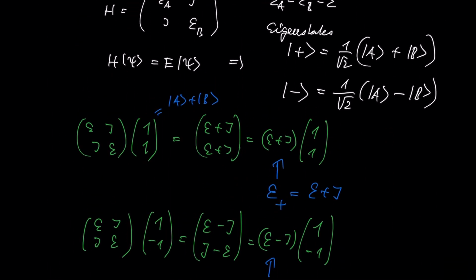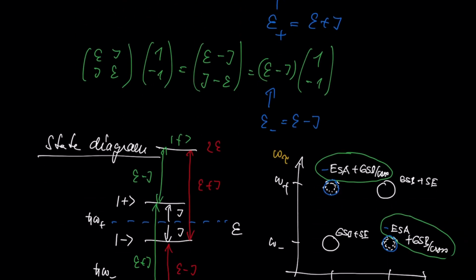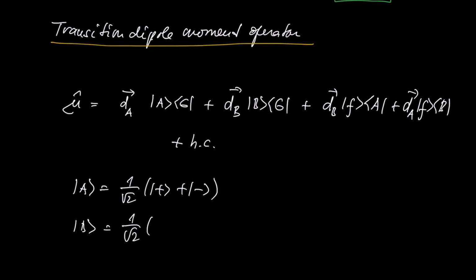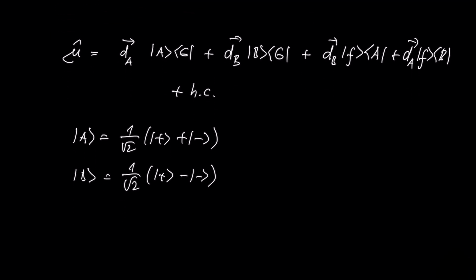So we have to take plus minus minus state. So plus minus minus, this is going to be B, and this is what we can use here in the definitions of all states to figure out what are the transition dipole moments for the transitions from, for instance, the ground state to the state plus or minus.